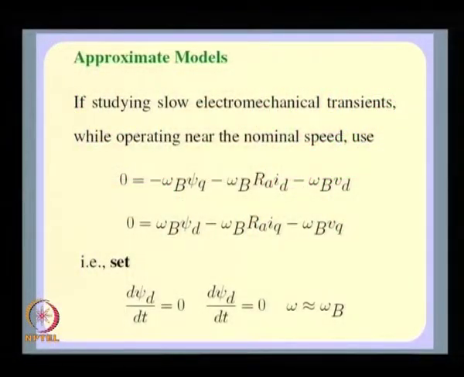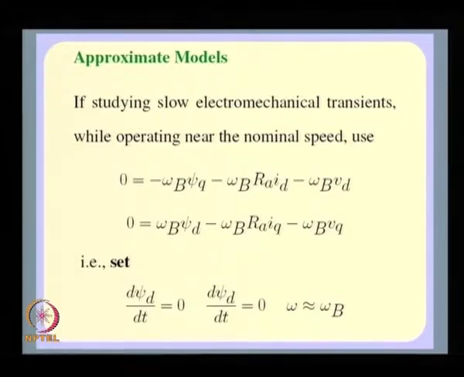Okay. Now, if all our electromechanical transients are taking place near the nominal speed, we could in this particular equation replace omega by omega b. Okay. So, that becomes kind of a constant multiplication factor. Okay. Now, this kind of approximate model can be used if you are of course near the nominal speed.